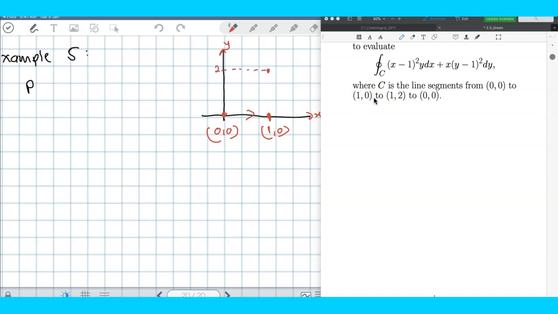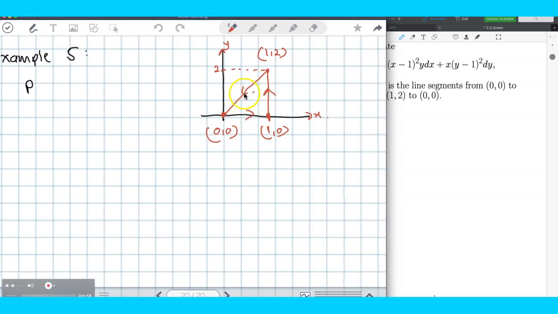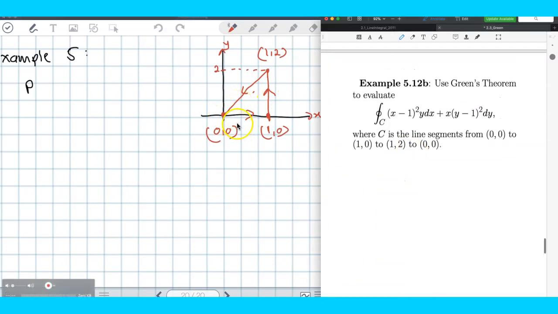This is 2, so this is 1, 2. And from 1, 2 back to 0, 0, you have this. Now you can see that it is a closed curve, back to 0, 0, in the anti-clockwise direction. So we can use Green's theorem for this particular region.